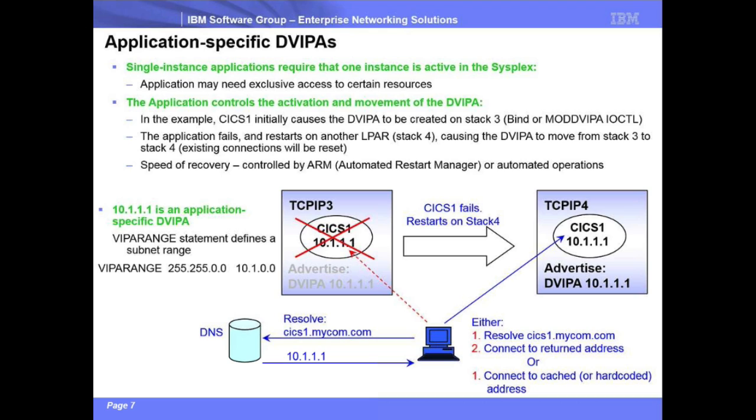A client can be configured to either use DNS to resolve the application name to the IP address, or it can just connect to a returned IP address if the CICS application connects to the client, or the clients can be configured to connect to a hard-coded address or a cached address.